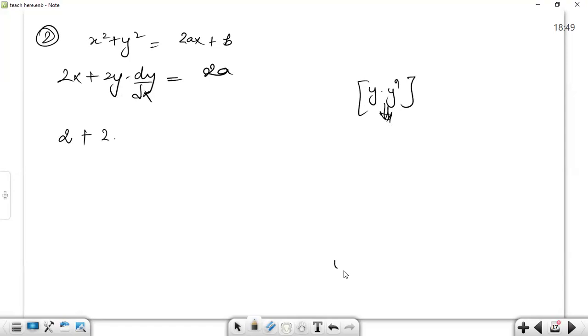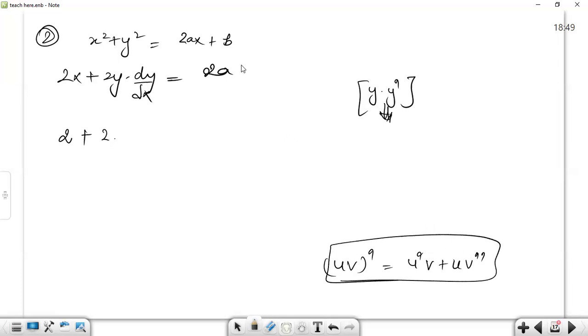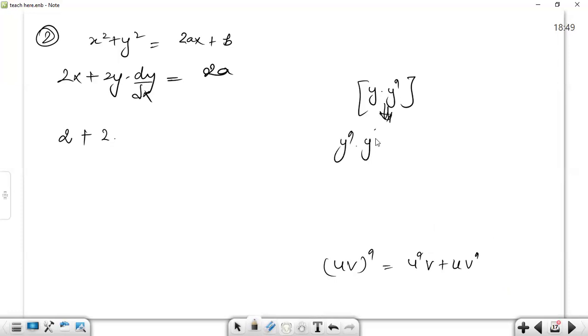What was our product rule? If there are two functions which are dependent on the variable x, we'll first multiply the derivative of the first to the second, then we'll multiply the derivative of the second to the first. That was the rule: u dash v plus u v dash. So now here also the derivative of the first into the second function, which is y dash only, plus u, which is y, the derivative of the second.